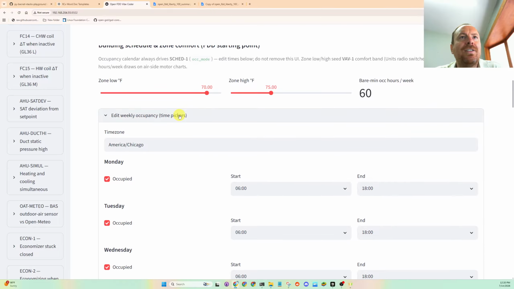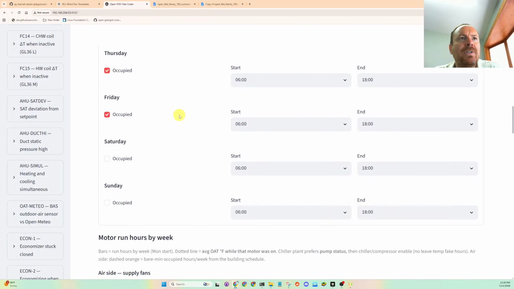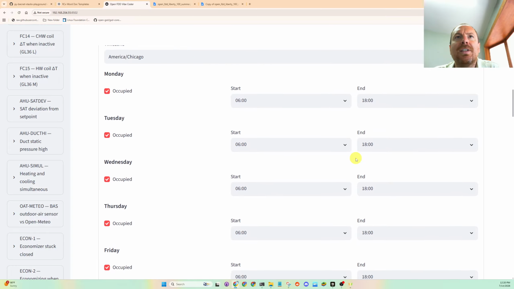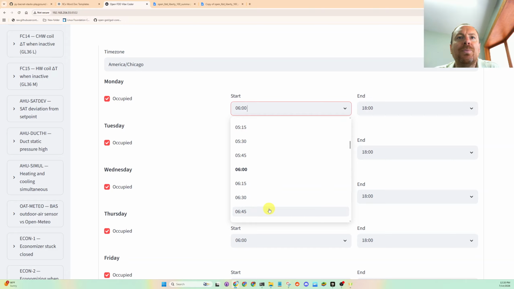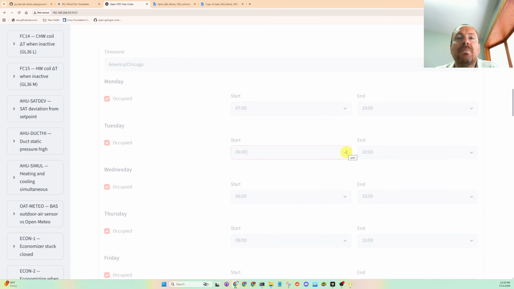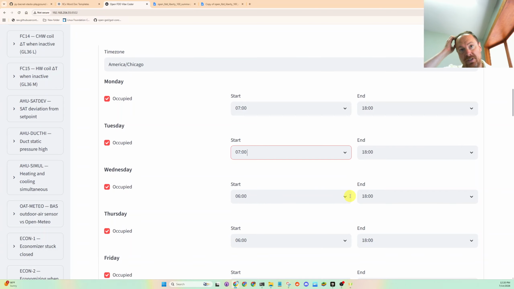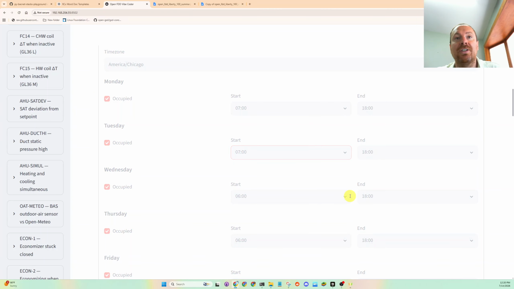So I have this defined already in my Streamlit application, and somehow it lost the settings. But this is where we talked about yesterday, where you define the building's occupancy schedule, which differs a little bit from a building automation schedule because that's constantly changing.